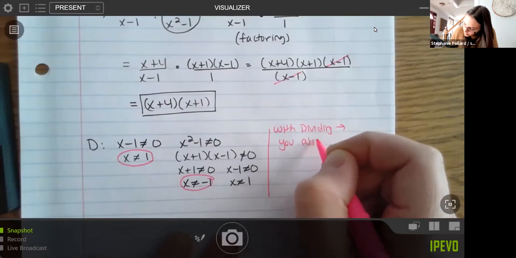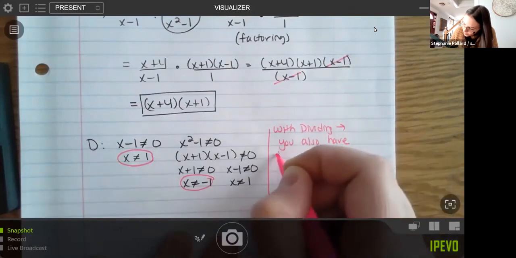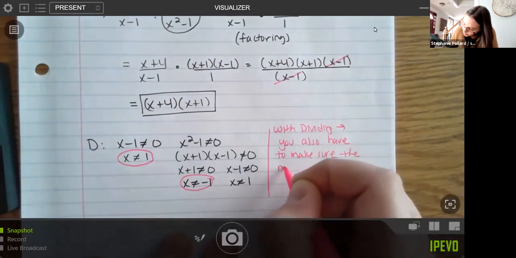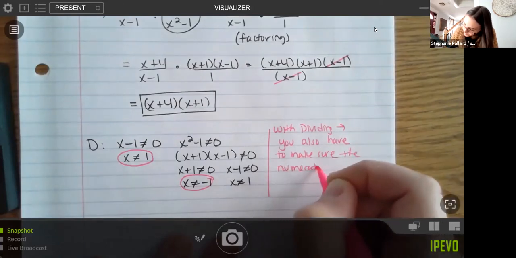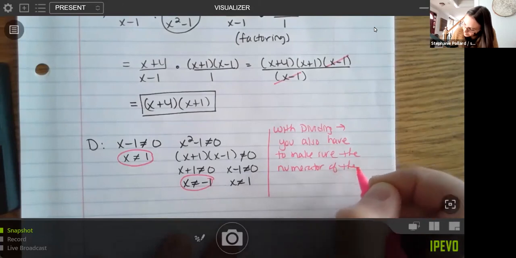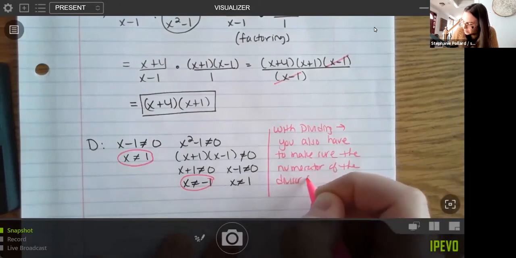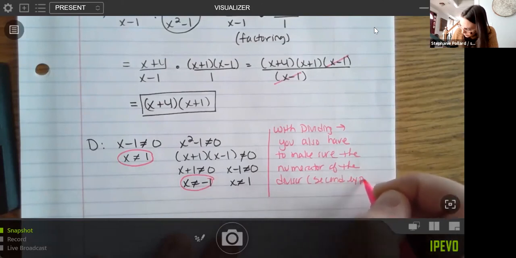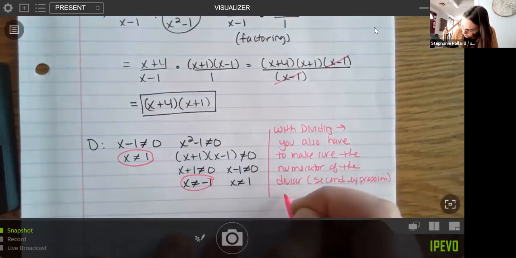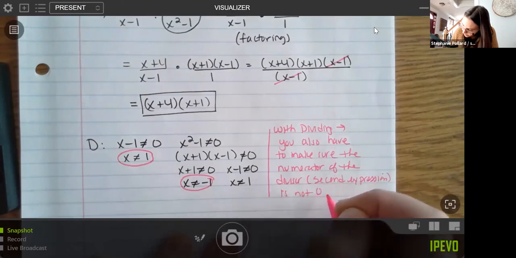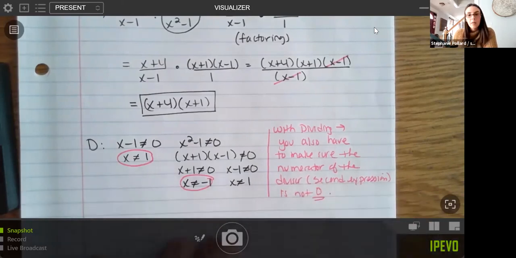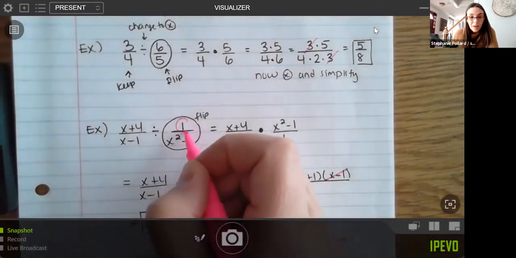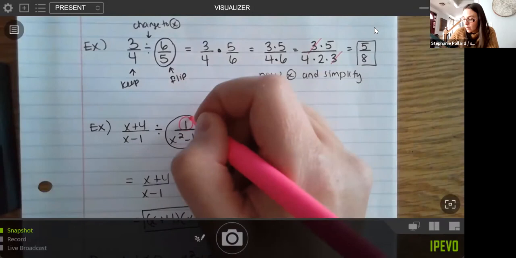You also have to make sure the numerator of the divisor, which is the second expression, is not 0. Okay. Now, in this case, my numerator of my second fraction was just a 1, so it will never be 0.